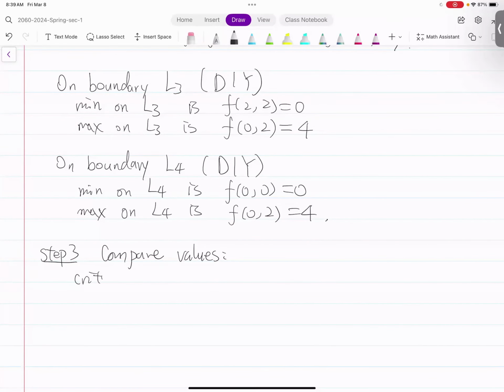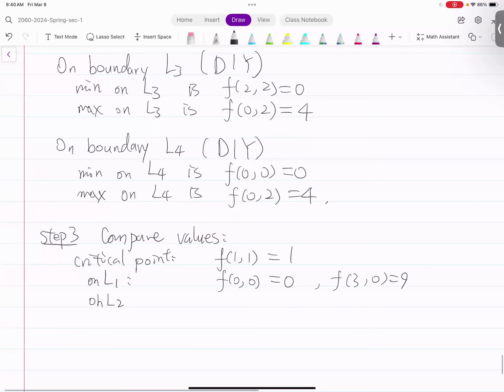So critical point: f of (1, 1). Recall that at the critical point, the output is 1. On L1, let's put it in this format. f of (0, 0) is 0. f of (3, 0) is 9.